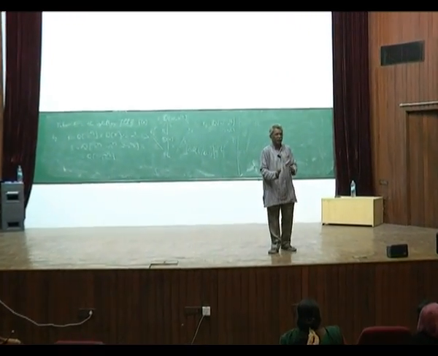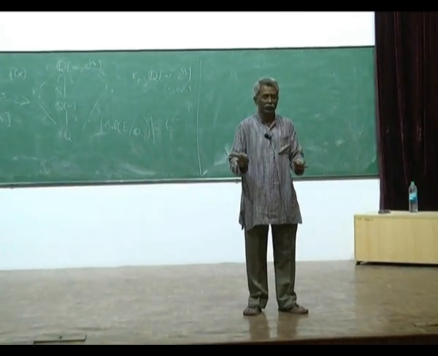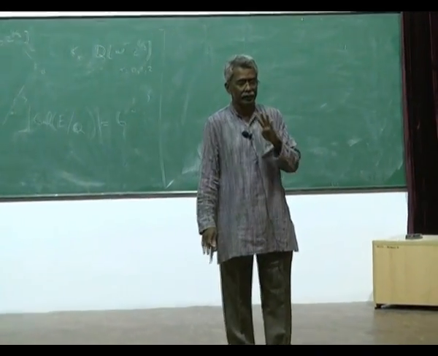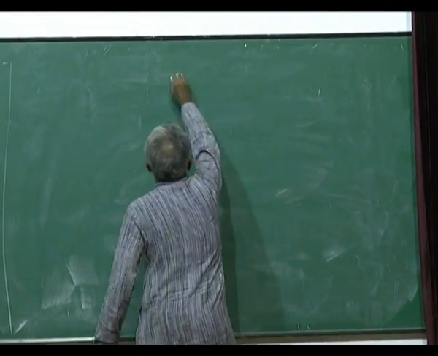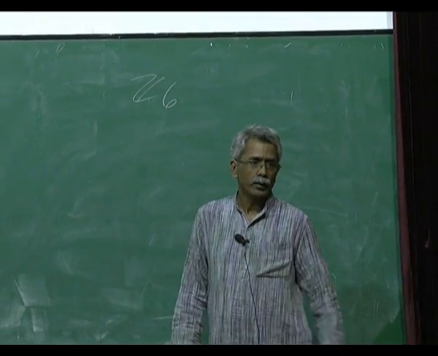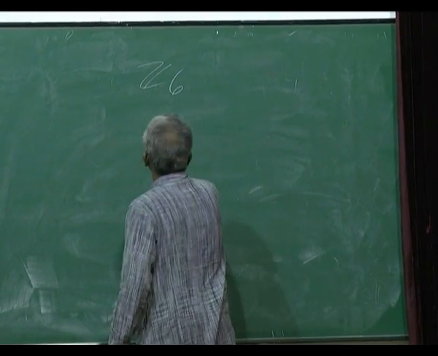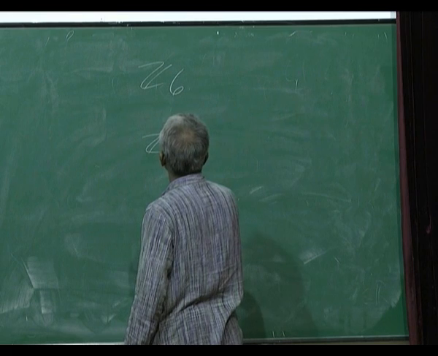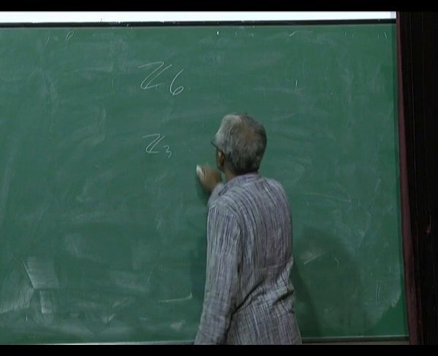But let us just imagine for a minute you made a guess without much thought. We guess that it is Z6. Then you write here Z6. Z6 is a cyclic group. Therefore, the subgroups are easy to write: Z3 and then Z2, that is it. There is no other.